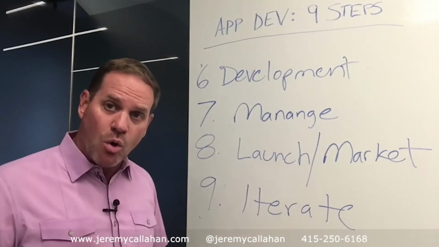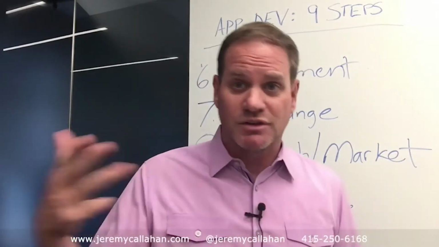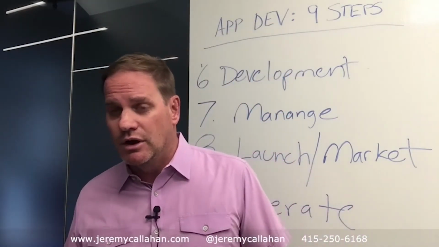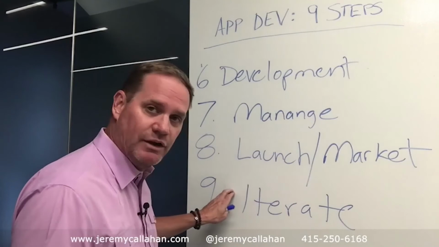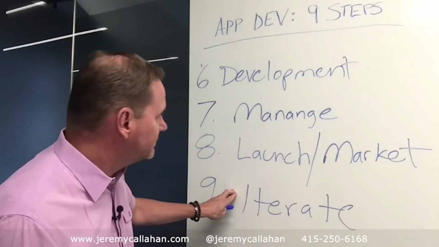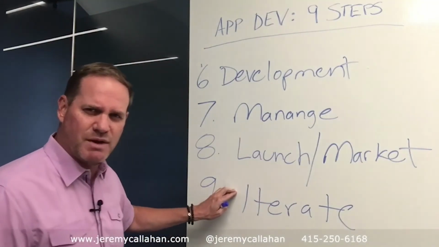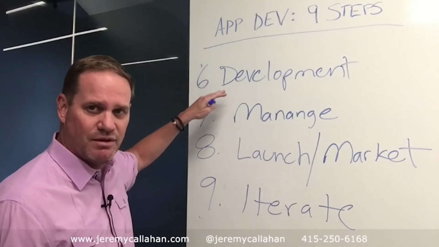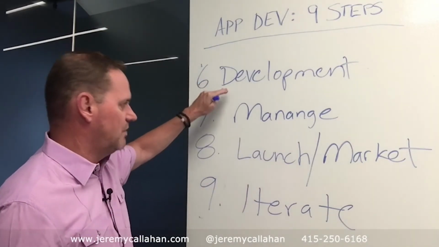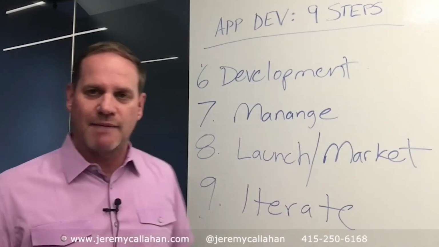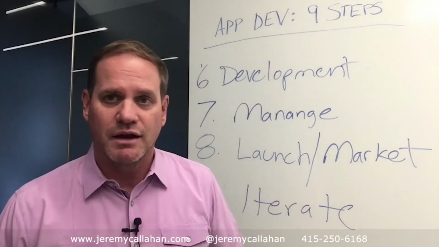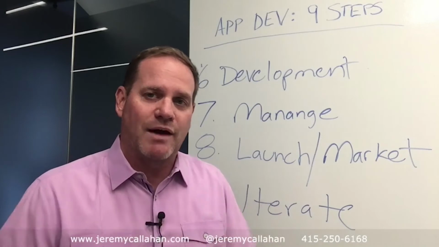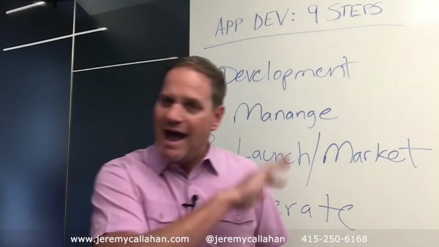We always know that in the golf app we're going to add more music for the putting and the other stuff, right? So now we're going to iterate. We're going to start that plan. Essentially, we're going to pretty much go back to the specification step, specify it, develop it, manage it, and then relaunch the app. And we're just going to iterate through this process over and over again and continue to roll out products.